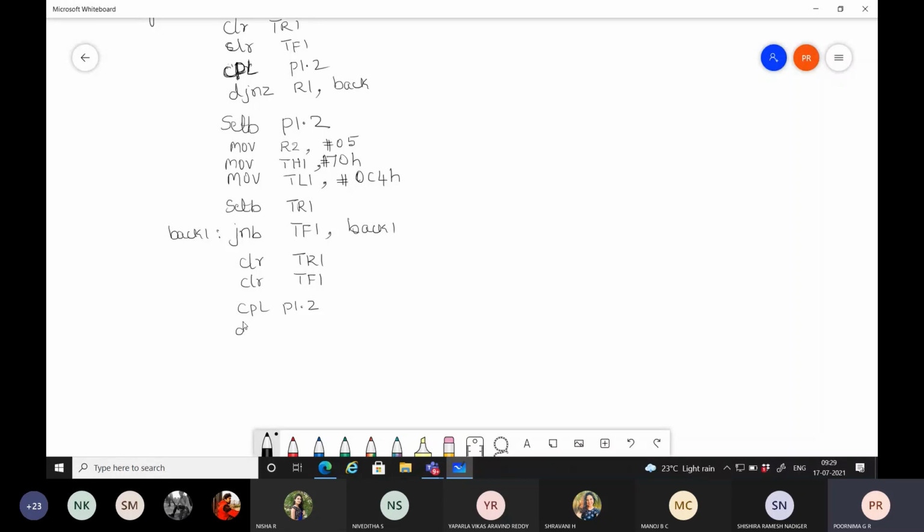And again, since we need to repeat this process 5 times, DJNZ R5, loop 1, where that loop 1 has to be, to which instruction can you tell me? So this loop 1 should go where?